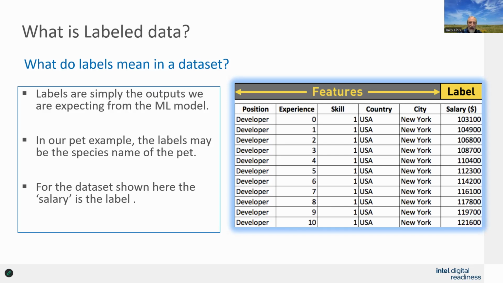It says labels are the outputs we're expecting from the machine learning model. If you look, for example, at the simulated Fitbit data that we were looking at, that I generated, when I asked ChatGPT to generate that data, by the way, I had to make really careful indication that it should not just give me the raw numbers, but it should also give me a column that indicates whether the person is okay, basically.